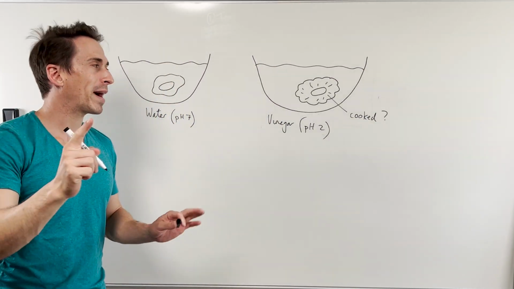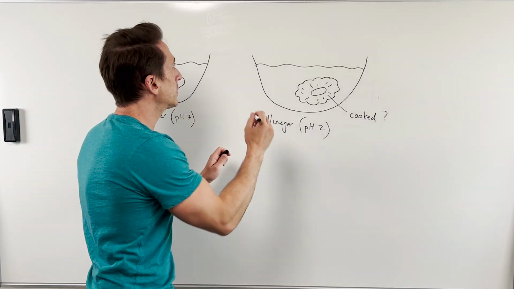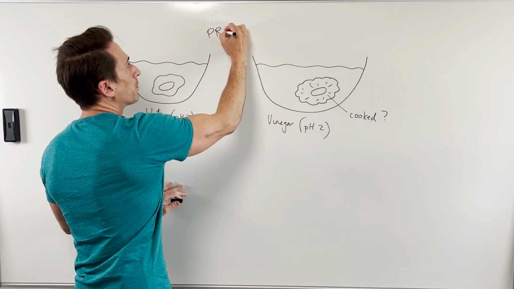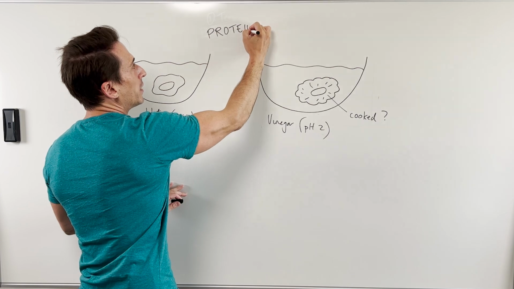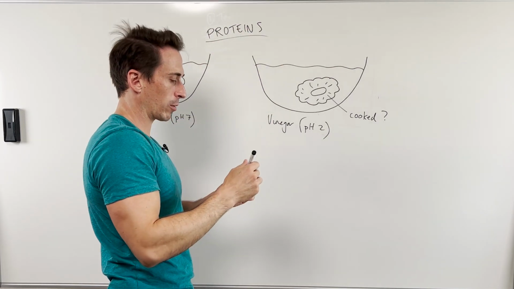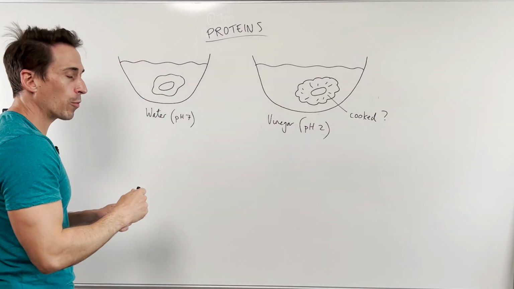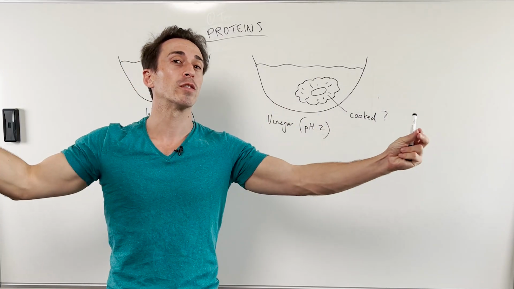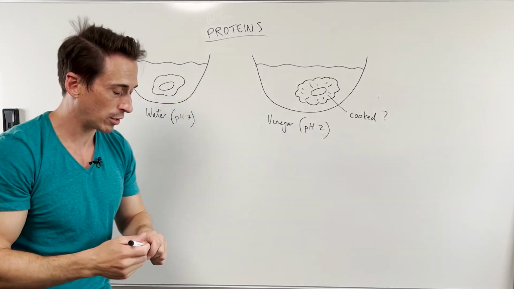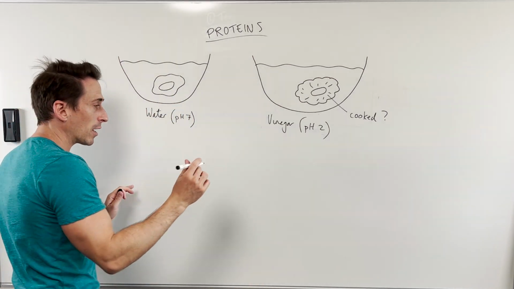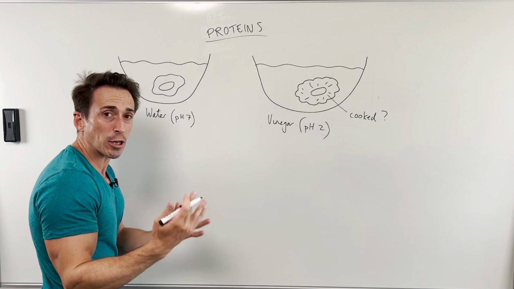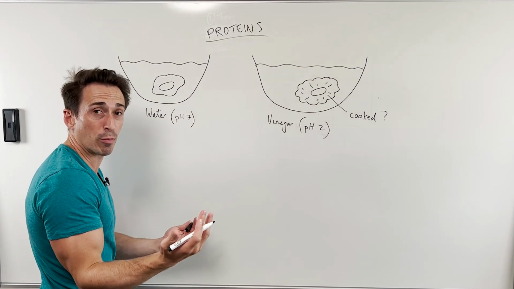Well, we need to go back to the fact that eggs contain huge amounts of proteins, which then means we need to go back and talk about what we spoke about a little while ago in regards to what proteins are. And remember that proteins are just these big long chains of amino acids that fold in upon themselves. So remember, these amino acids have different side groups, which I said are like personalities.